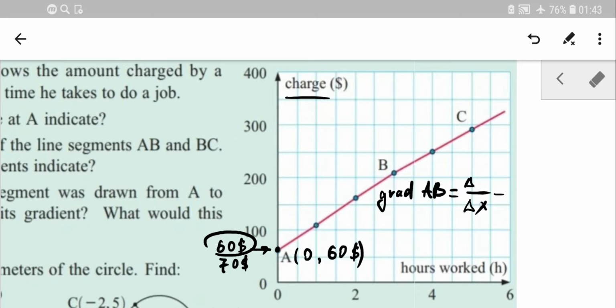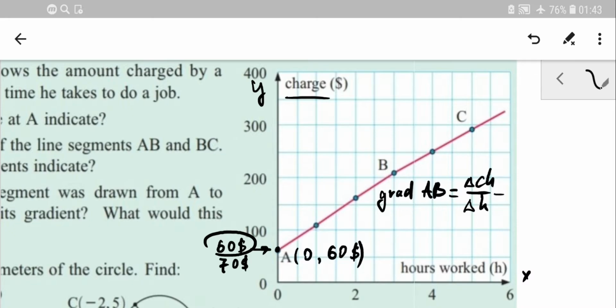To be precise, instead of y, I'll use change in charge over change in hours, because this is the x-axis, this is the y-axis, and we are actually interested in the essence, not just absolute x and y.